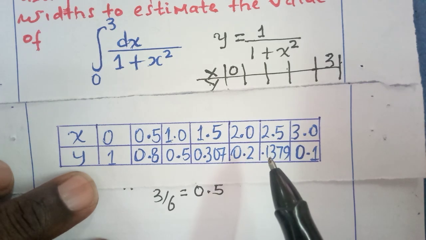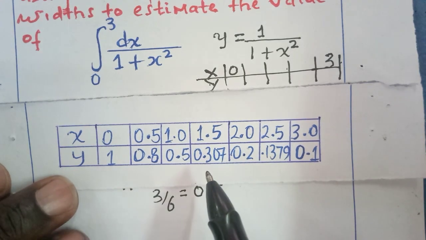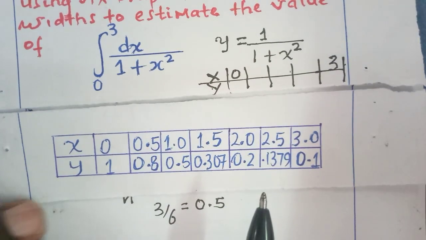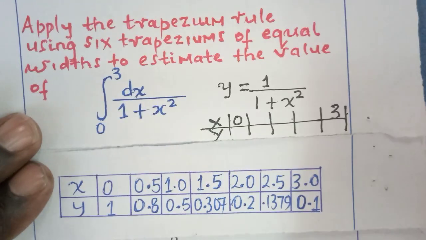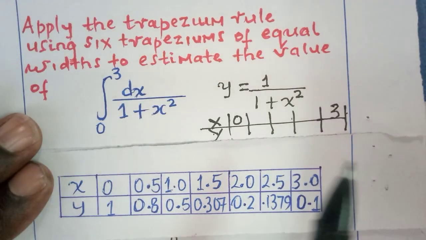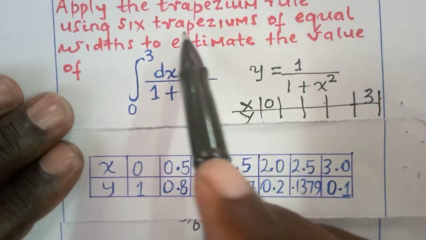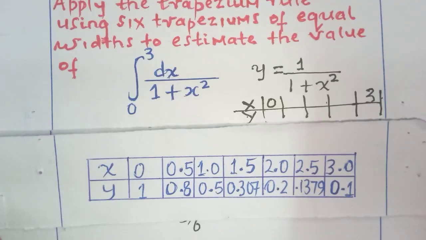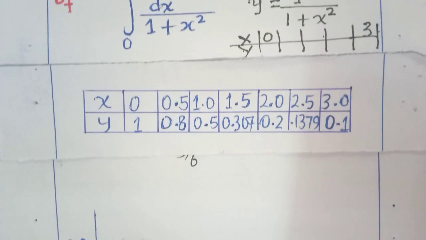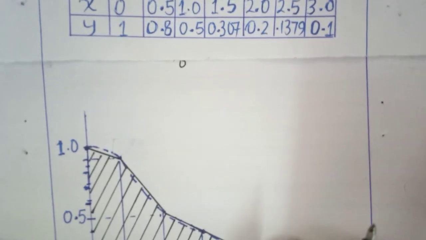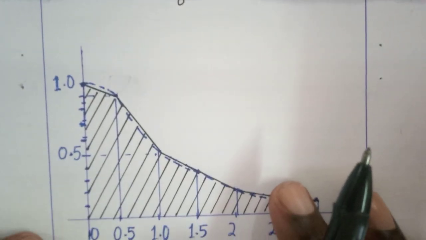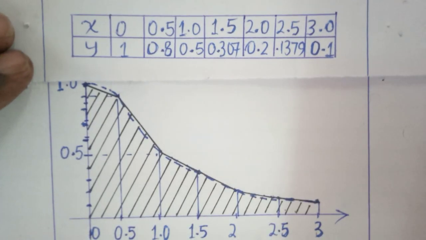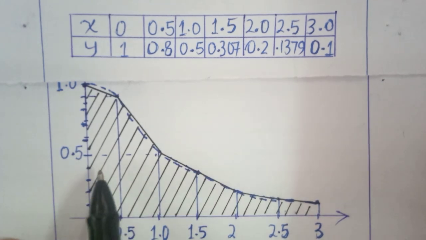From there, guys, I can decide to draw the trapeziums, or I may not draw them. But let me say I have decided to draw the trapeziums just to show you the picture we are going to have. I've drawn the curve, and out of the curve come the trapeziums.